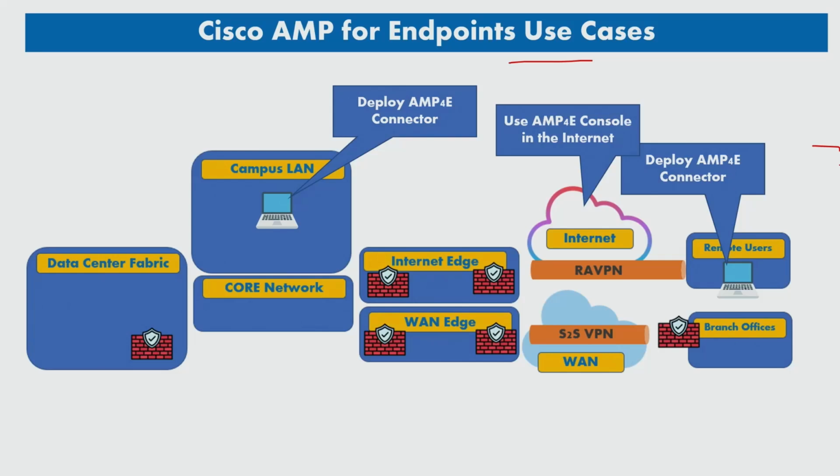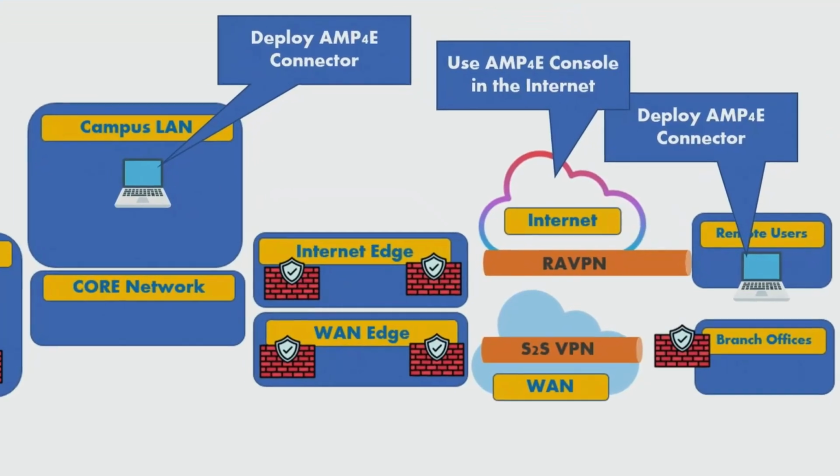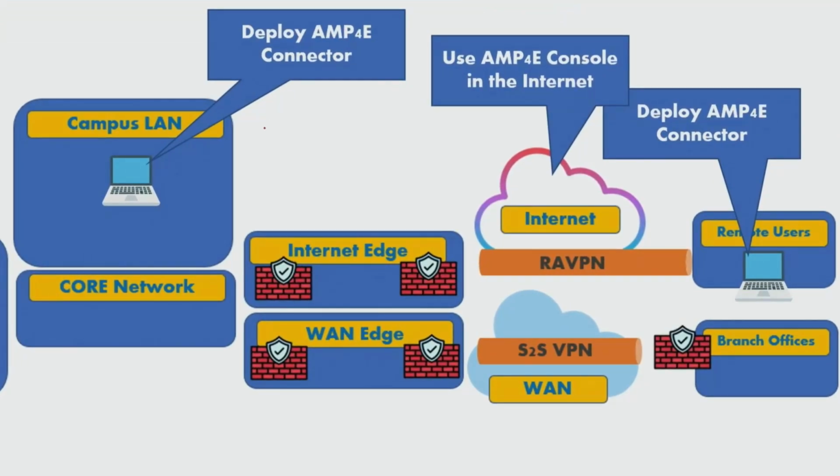Cisco AMP for endpoint is a public cloud-based service that only requires the endpoint connector to be installed. And if you're using the public AMP cloud, the rest of the configuration is done in the publicly accessible AMP cloud console. The diagram shows where Cisco AMP for endpoint components should be installed in the network. The AMP connector must be installed on endpoints.